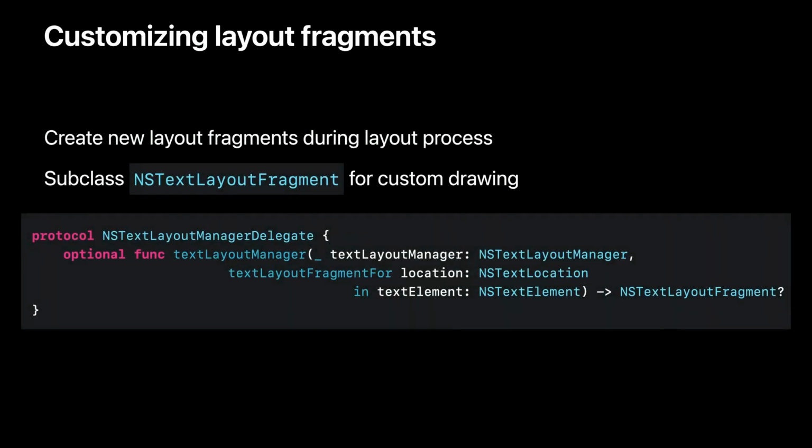And you hook into the layout process using this delegate method on NSTextLayoutManager. This method gets called during the layout process when the text layout manager is generating the layout fragments from the elements. Here, you have an opportunity to create your own layout fragment for an element.